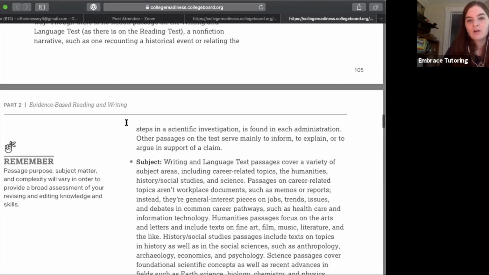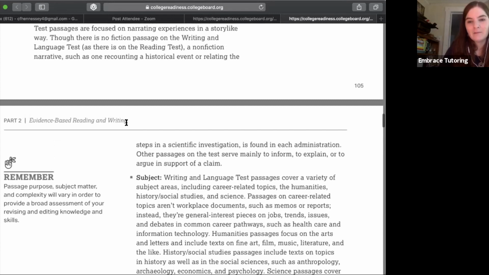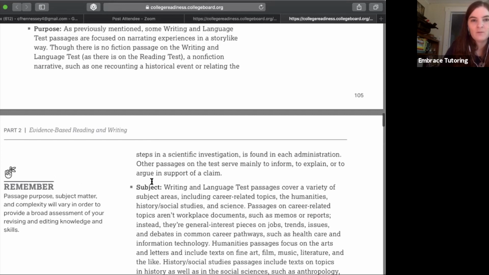So a lot of the time, the main purposes of the passages are to inform, to explain. So informative, informational, explanatory. So you're dealing with a lot of expository writing, and or to argue in support of a claim or to persuade an audience, using particular techniques and strategies.